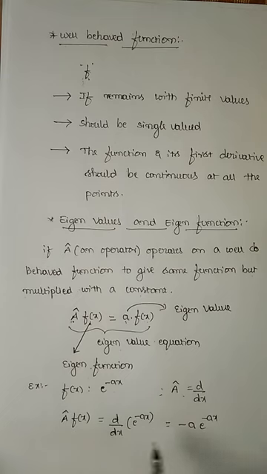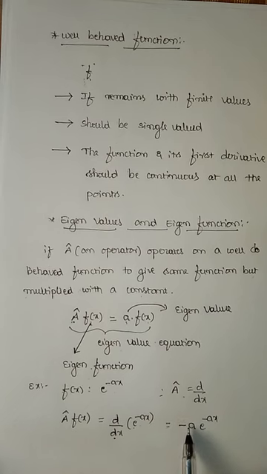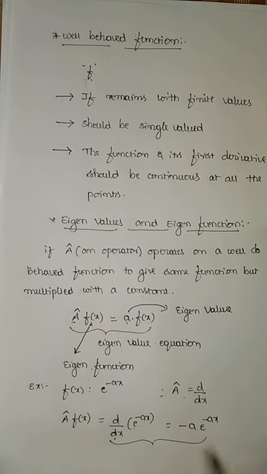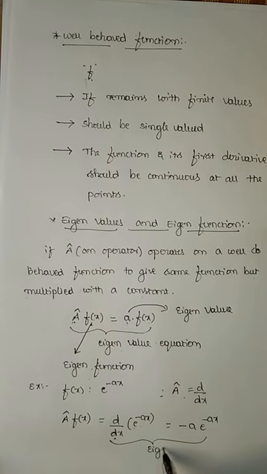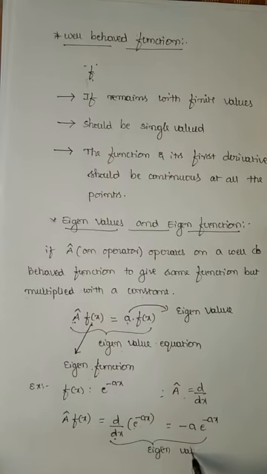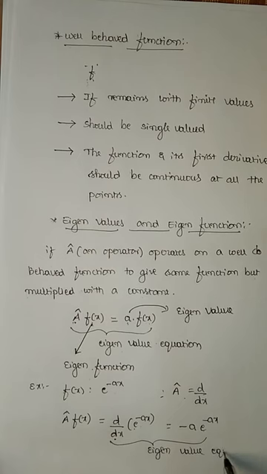Hope you can observe. Here the operator d by dx operating on the function e power minus ax produces once again the same function, e power minus ax, provided it is multiplied with a constant, that is minus a. So this can be considered as an eigenvalue equation.